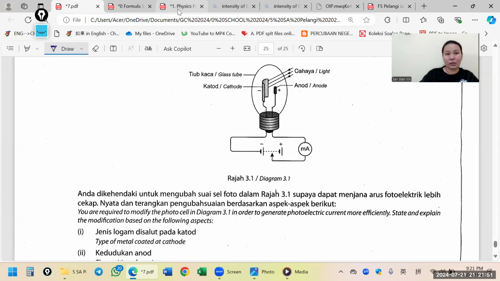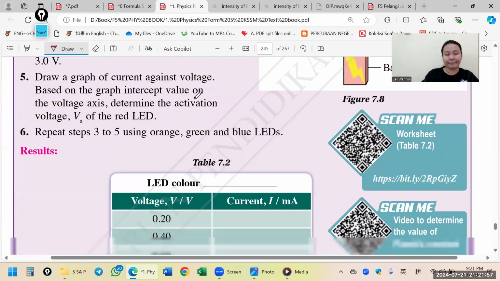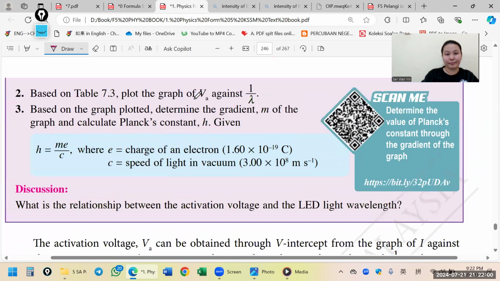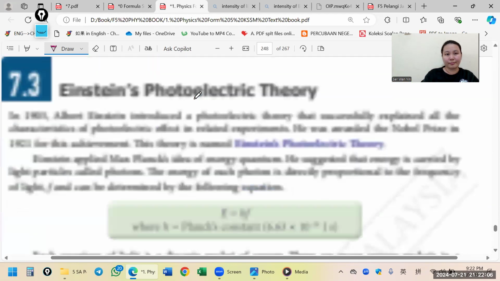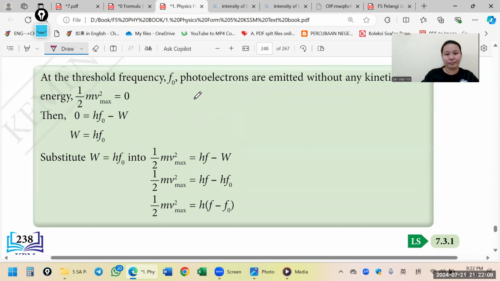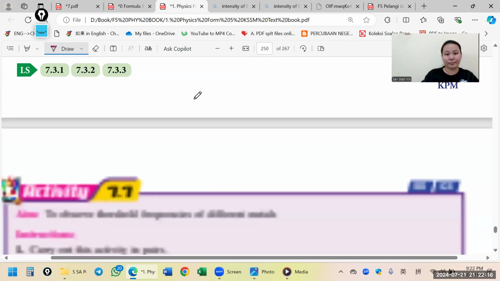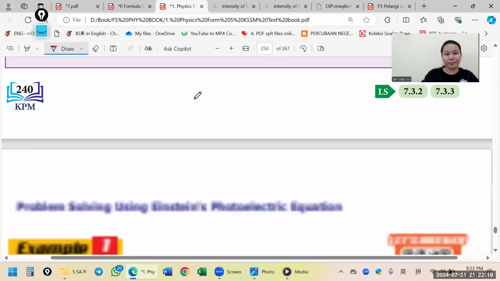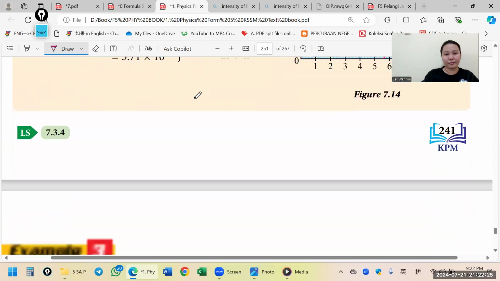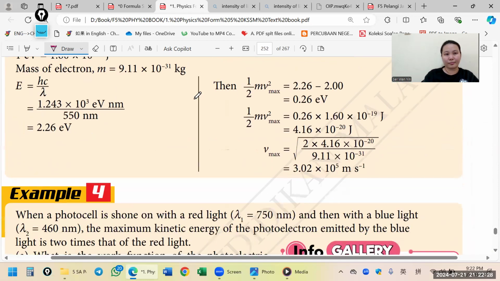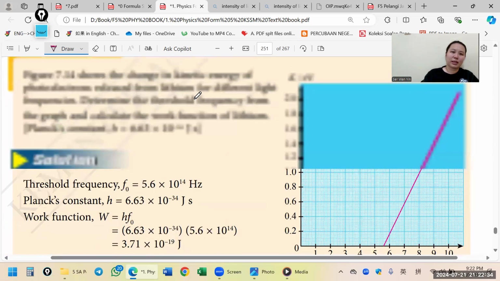Here is a trouble with the textbook. Okay, maybe we should bring back the textbook.